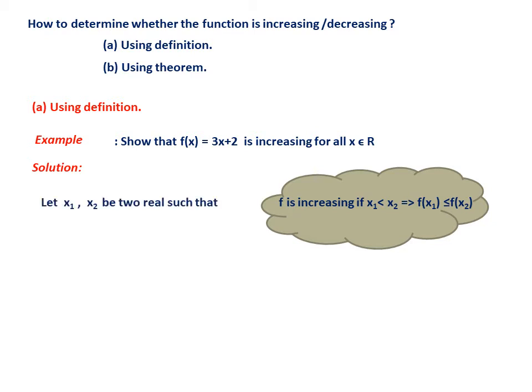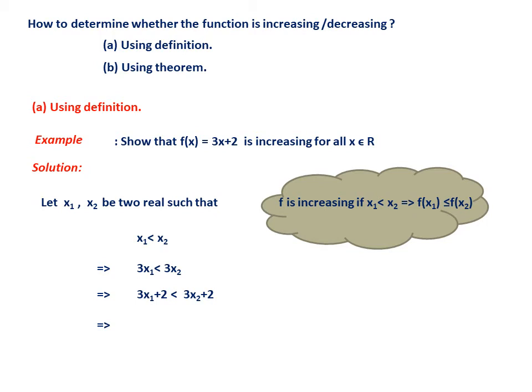Let x1 and x2 be two real numbers in the interval such that x1 is less than x2. Whatever may be two real numbers here in the domain. Now 3x1 is definitely less than 3x2. When you multiply by a positive real quantity, inequality remains the same. So this implies, now if you add 2 to both sides, last year you have studied linear inequality, still the inequality is valid.